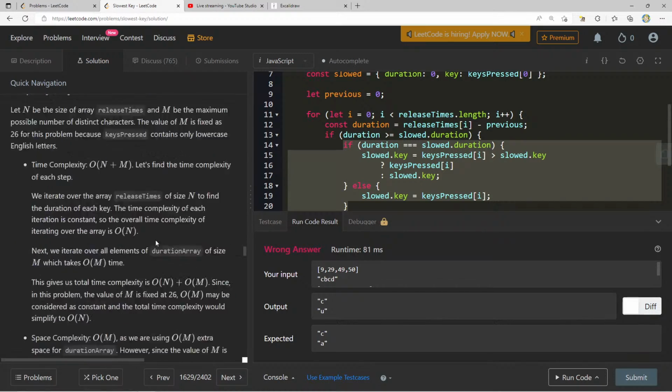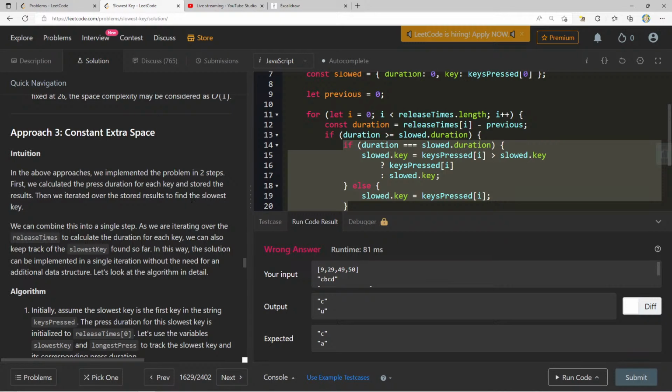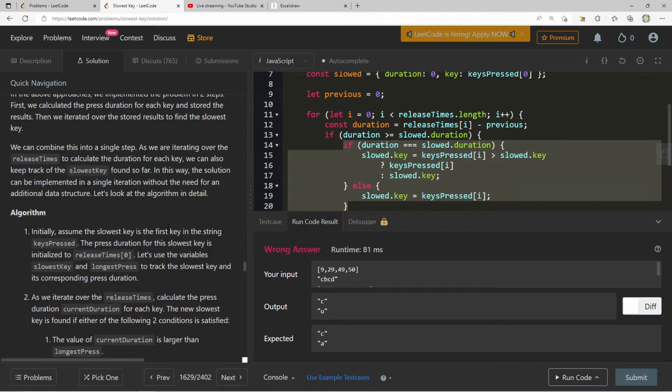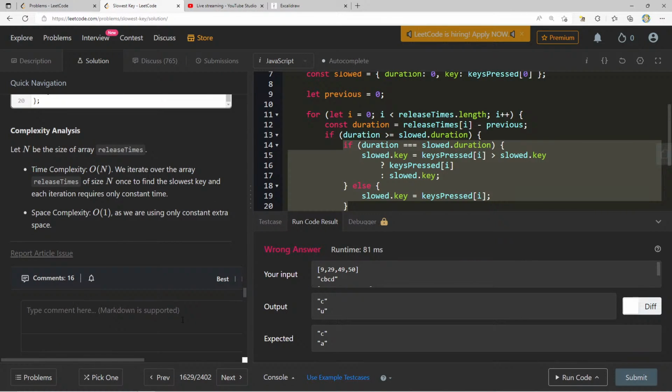Is this because of constant extra space? Also keep track of the slowest key found so far. In this way, the solution can be implemented in a single iteration without the need for an additional data structure. Each iteration requires only constant time.